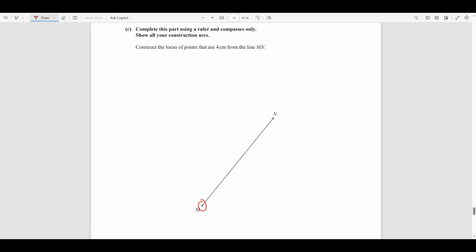Let me draw a 90-degree angle here. So this is roughly 90 degrees, and again I want another 90 degrees because I want the perpendicular distance. Then we need to connect these two, which are 4 centimeters away, which means we need to make a rectangle. It has to be 4 centimeters away, so you open up your compass to 4 centimeters and make an arc.